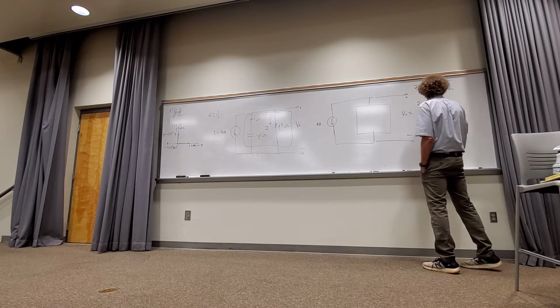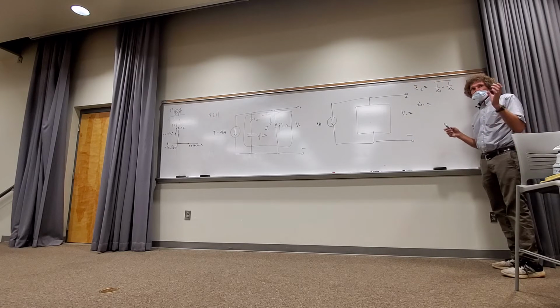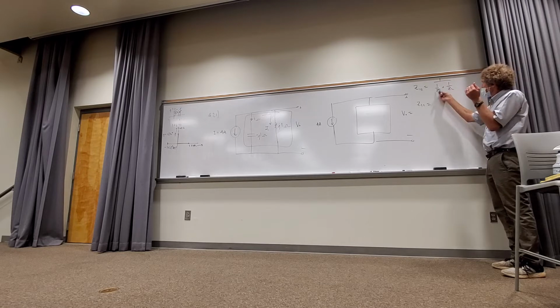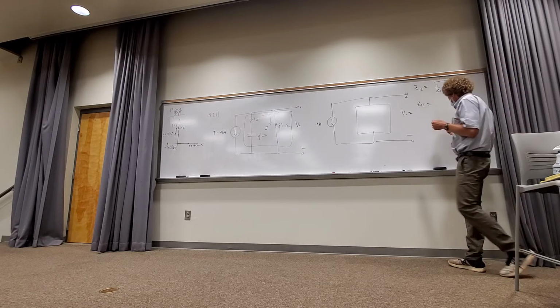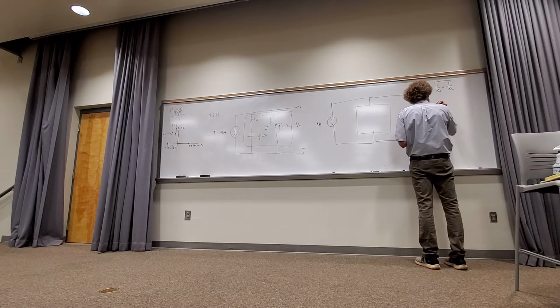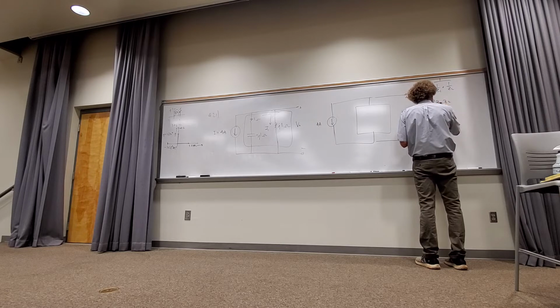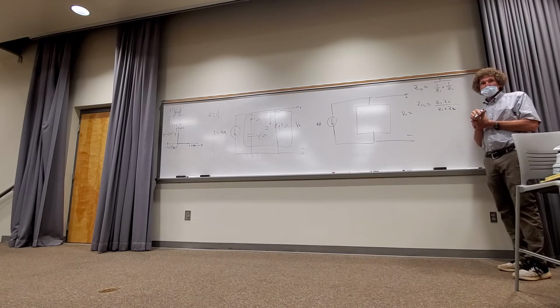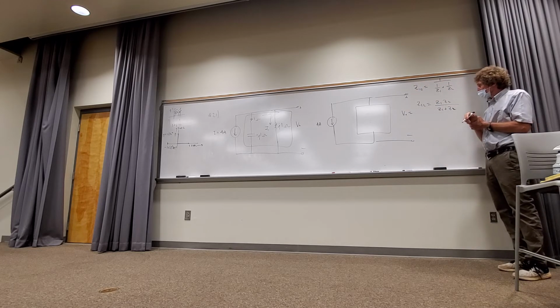Or, just so you can see this, if I take Z1 times Z2 and multiply the numerator and the denominator, then this is equal to Z1 Z2 over Z1 plus Z2. Everybody follow me on that, class? Either one is acceptable.